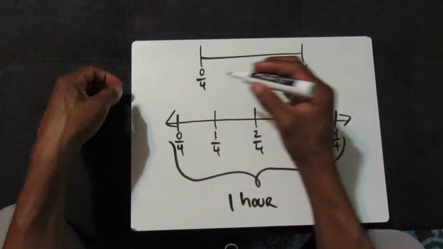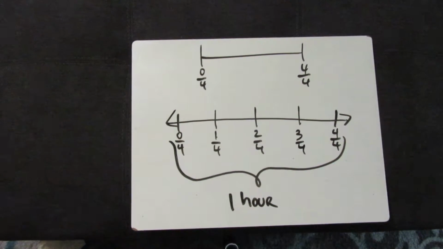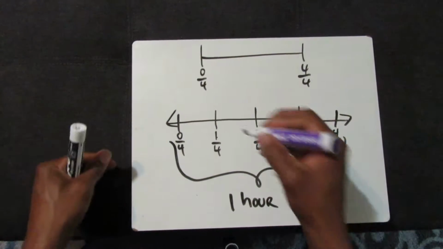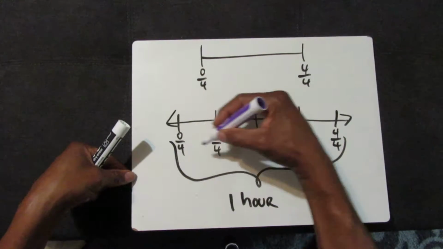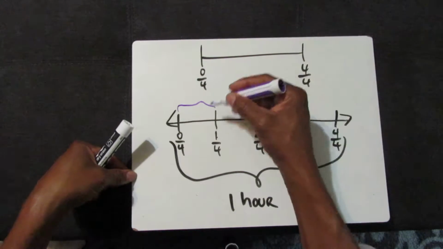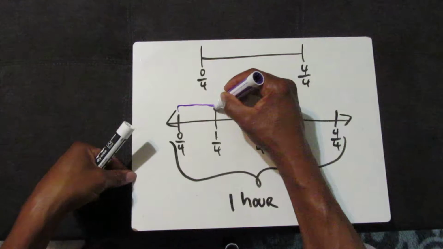Let me get a different color dry marker to point this out. Notice where we have no time started, 0 of it, and then the time between these.